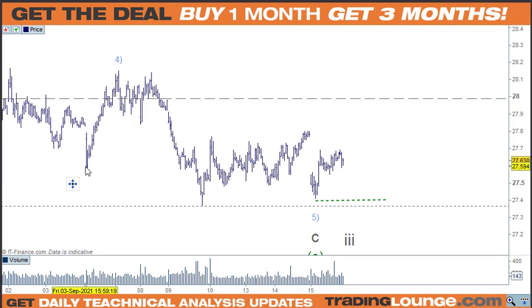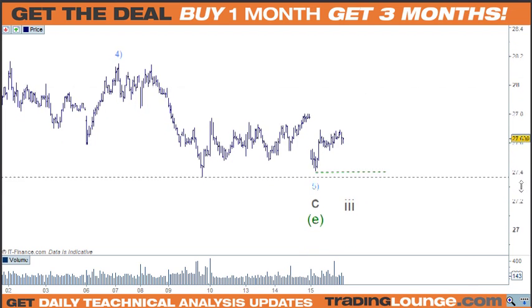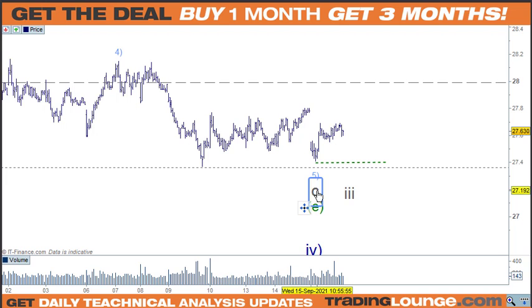This is impulsive, so it takes it to there, and that is the high. So we'd have to look at this as wave 1 here, an A and a B and a C for wave 2, and then 1 and 2 and 3 and 4 and 5 for the 3rd wave. And I'm thinking all of this here for the 4th wave here and the 5th wave here, even though we haven't made a low here. But if that is the case, then we could look at that as 5C of E of 4 there.